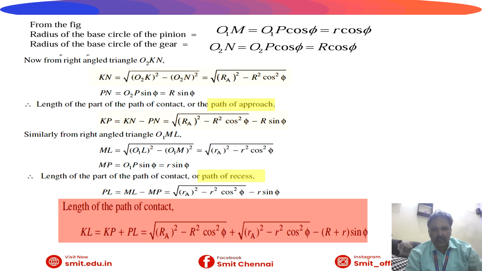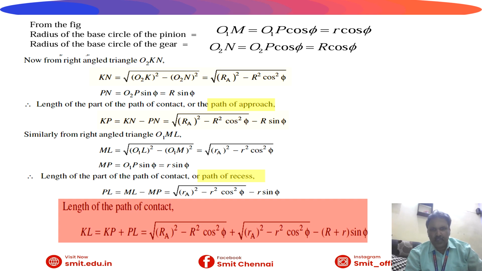Under derivations, we obtain two important formulas: path of approach and path of recess. Upon adding these two, we will get the length of path of contact.